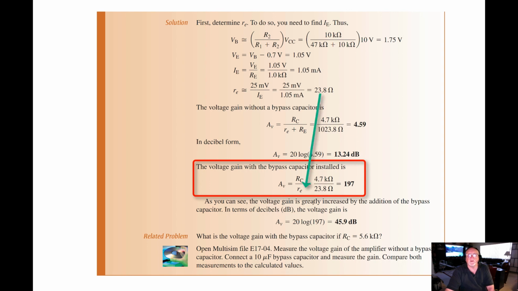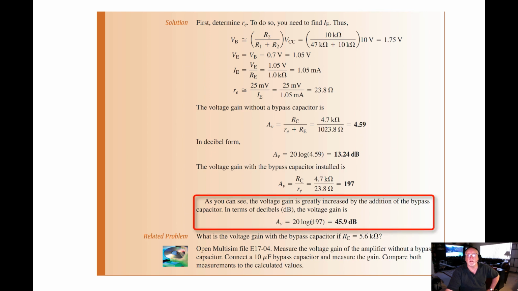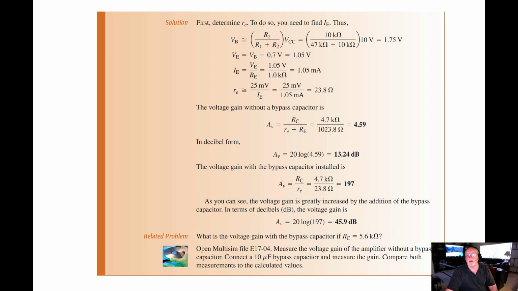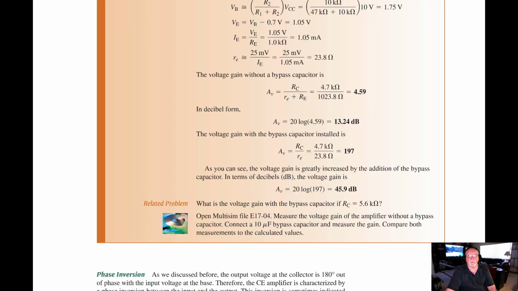As you can see, the voltage gain is greatly increased by the addition of the bypass capacitor. So again, if we determine in decibels, AV is equal to 20 times the log now of 197, we are at almost 46 dB, considerably greater gain with the bypass capacitor.